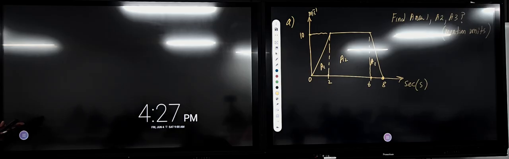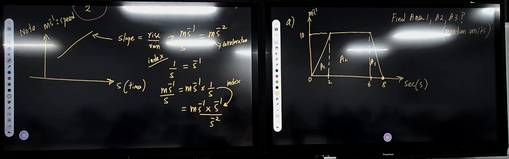Okay. What is area number one? 10 meters. Area number one is 10 meters. Is that right? Area number three, A3 value.